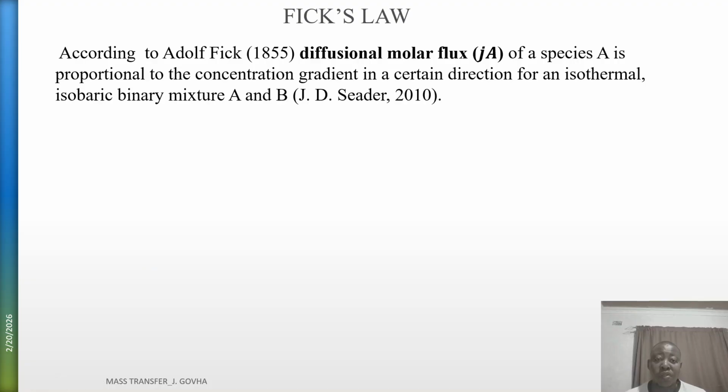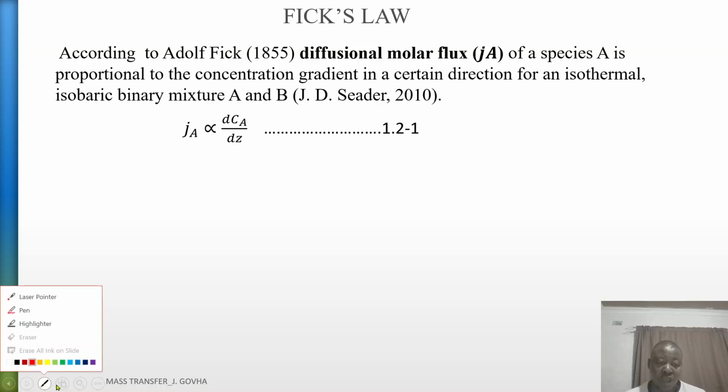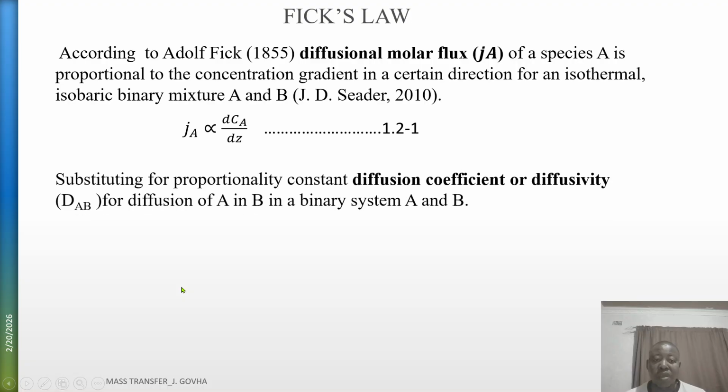Somewhere around 1855, Adolf Fick proposed that the diffusion or molar flux of a species A is proportional to the concentration gradient in a certain direction for an isothermal, isobaric binary mixture, as indicated by equation 1.21 there.